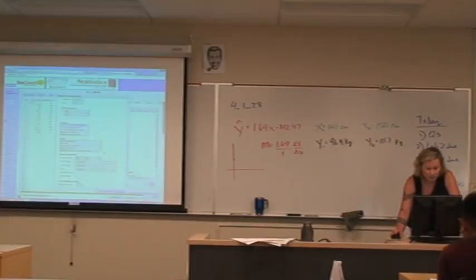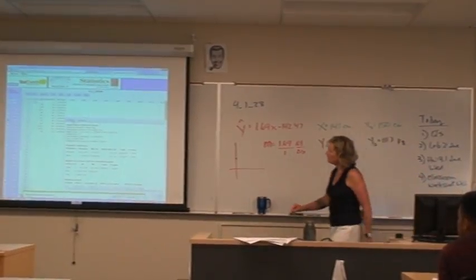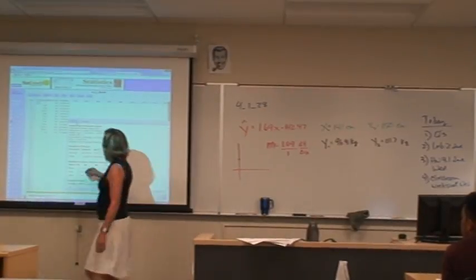If you go down where it says save, and you click residuals, and compute, you'll get all of your individual residuals in your output.